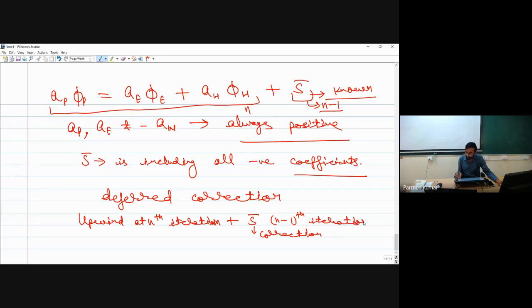That's why we are deferring our solution by one step in order to include the effect of the correction. This type of solution approach is referred to as a deferred correction approach, and one advantage of this approach is that it makes our discretization scheme completely stable.